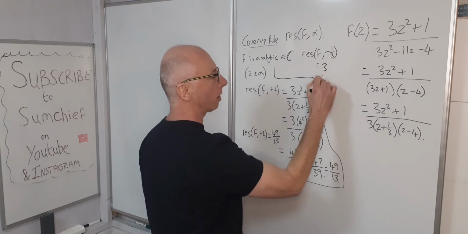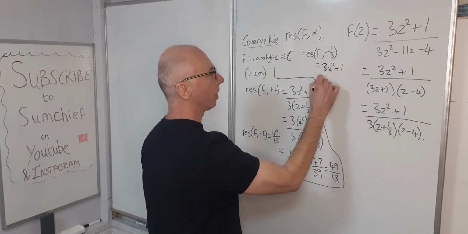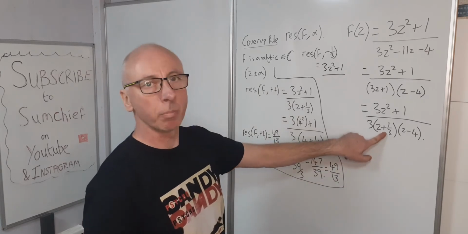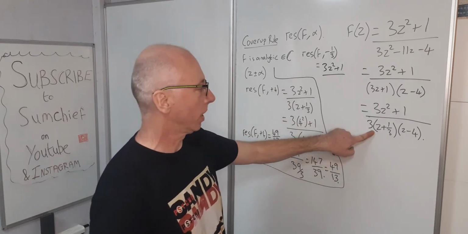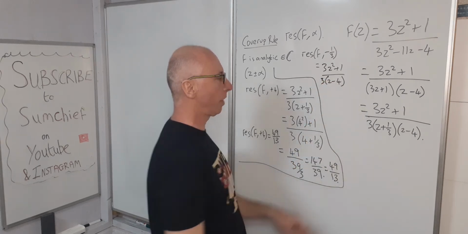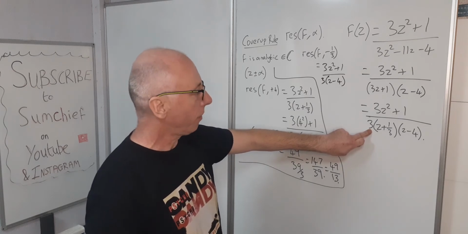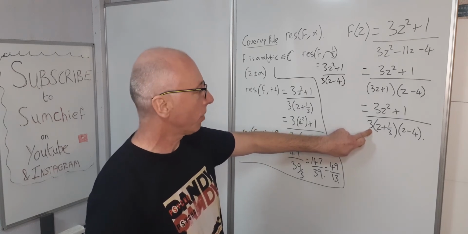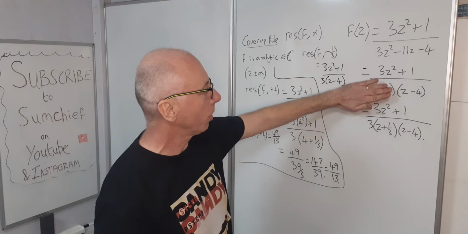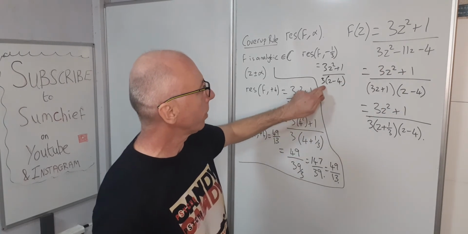Let's just write out the z's first: 3z squared plus 1. I'm going to make this one disappear, but we still need the 3. So that's over 3z minus 4. That's why we take that out. Otherwise, as you can see, we're going to be out by a factor of a third from our correct answer. If we'd left that in, we'd have covered that up and we'd have z minus 4. But now you can see we've got 3z minus 4.